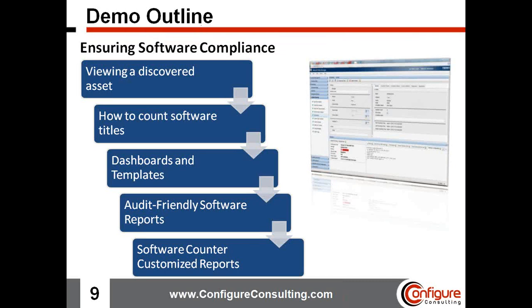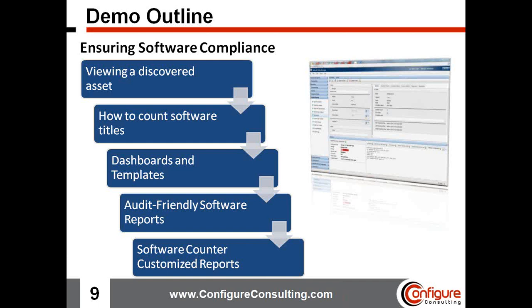Thanks, Anu. So for the demo outline, we're going to be looking at how we get these assets into Asset Manager, how they're discovered using an automated tool such as DDMI or UD10. Once those assets have been entered into Asset Manager, how do we utilize that information?